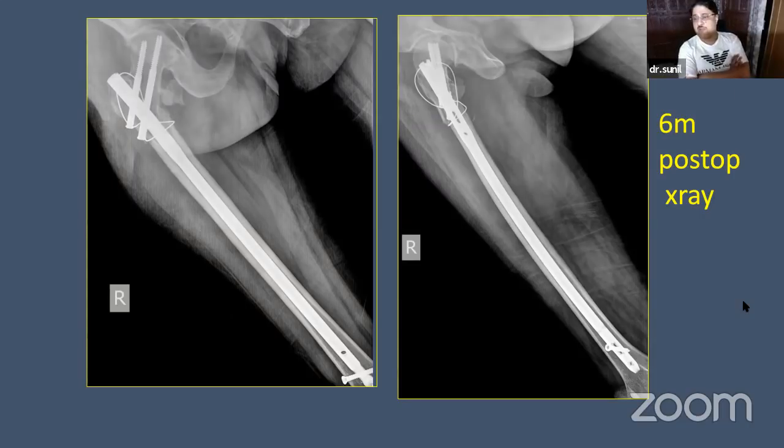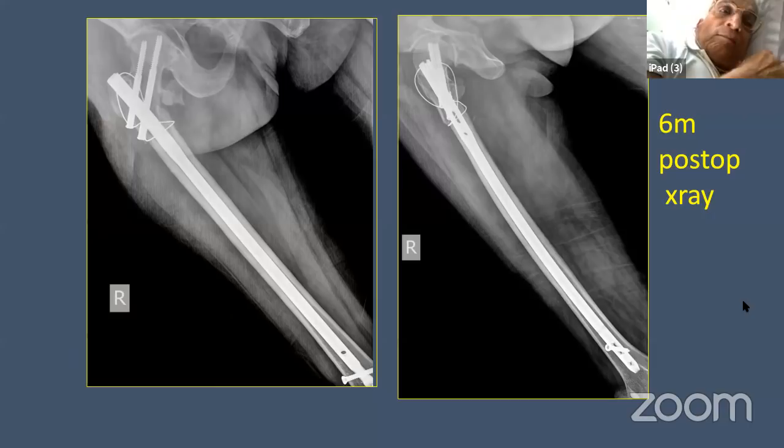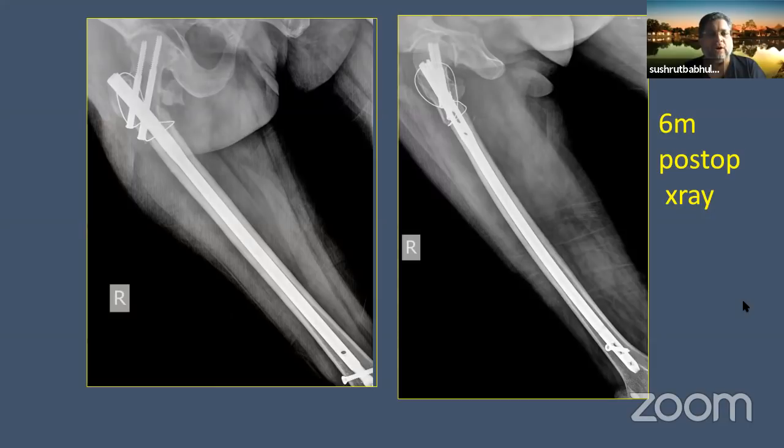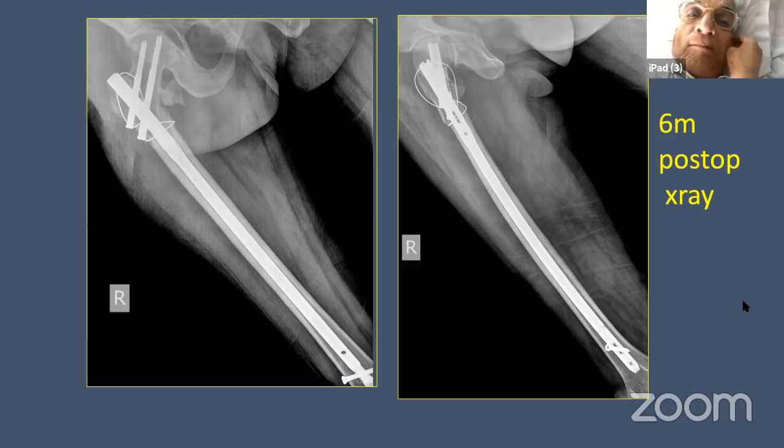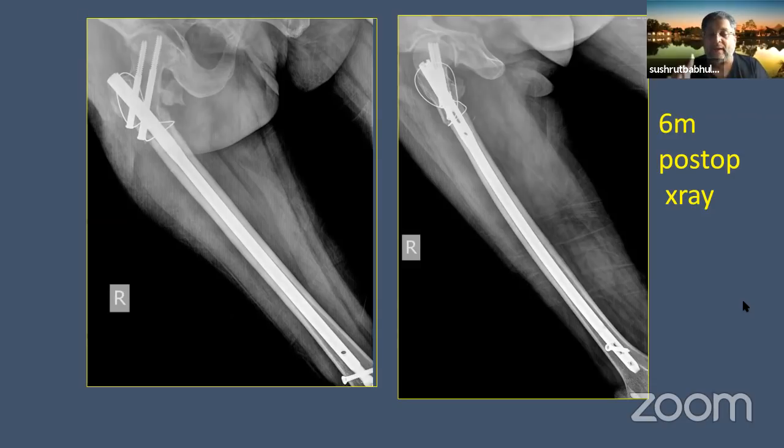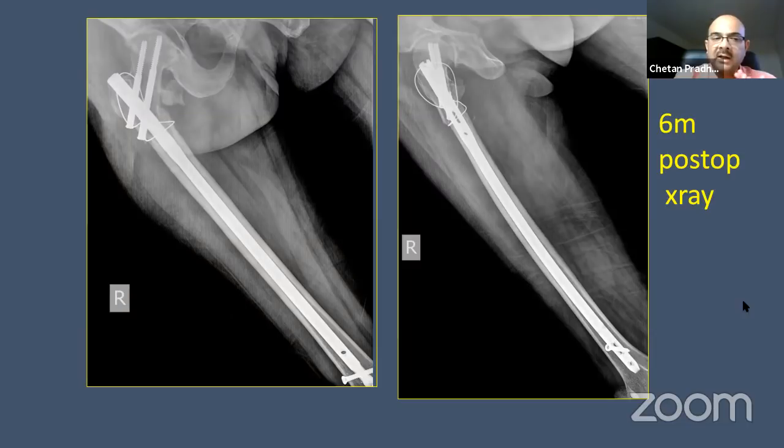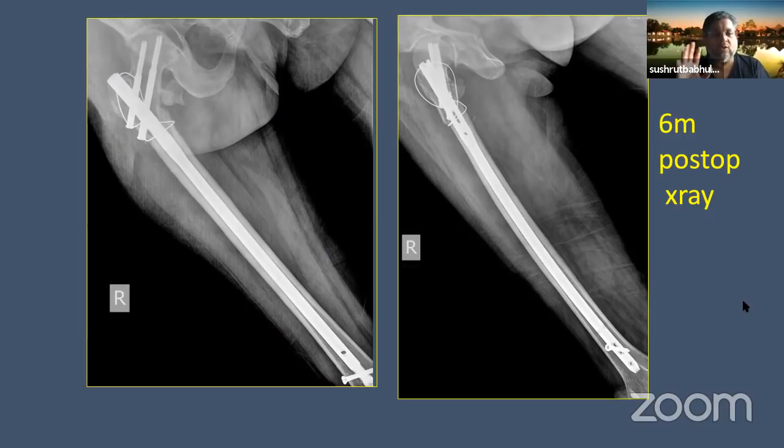You get a lot of artifacts, but still we should be able to see some plane of cleavage if there is a non-union. And that's my best guess for the pain. He has only pain, right? Infection is ruled out, and there is an inability to load it. So I think my best guess at this point in time is non-union. He's walking on the nail. Evaluate it by doing a CT scan.